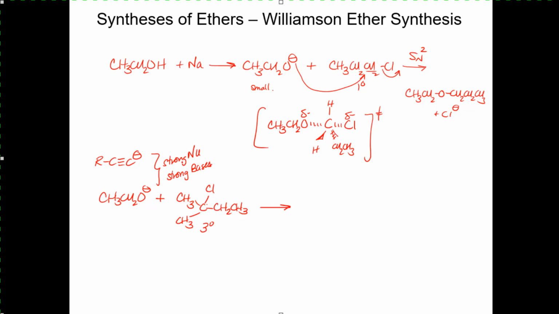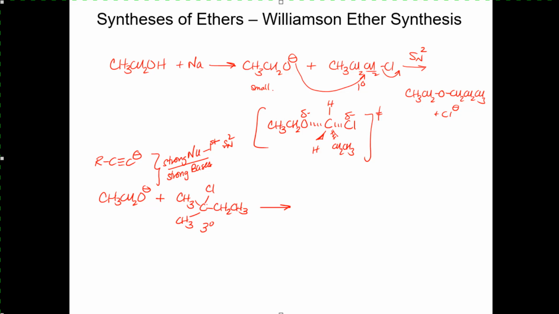When they have this dual characteristic of being a strong nucleophile or a strong base, their primary characteristic, their first instinct, I'm going to give them human characteristics, is to be a strong nucleophile. And so they'll try and do SN2.